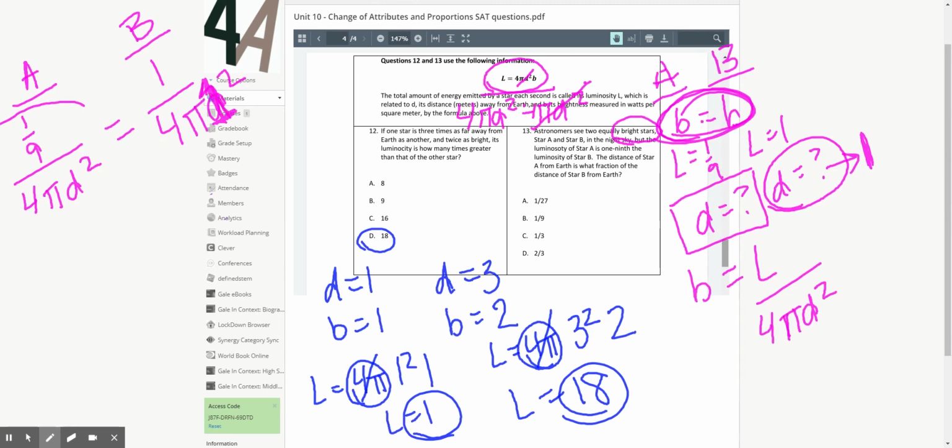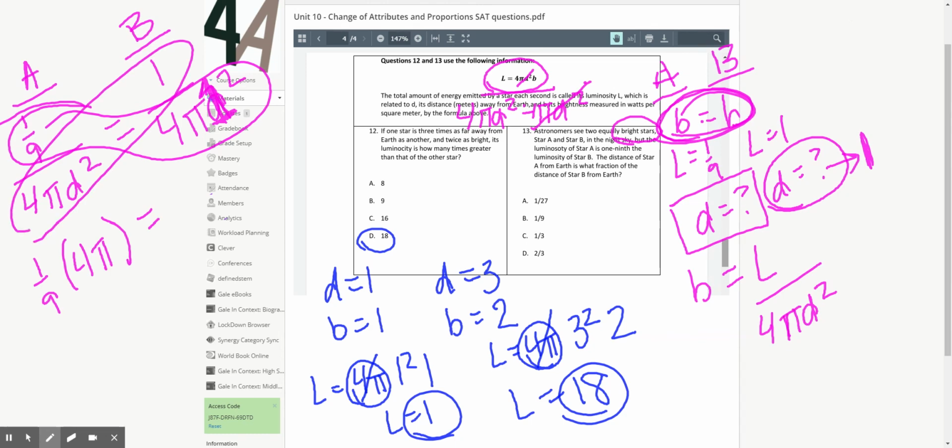And then all we have is a proportion. So we can cross multiply. So that's going to be 1/9 times 4 pi, and that's just 1, equals, and then we cross multiply over here, 4 pi d squared.